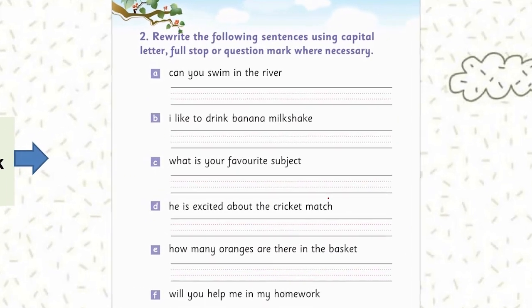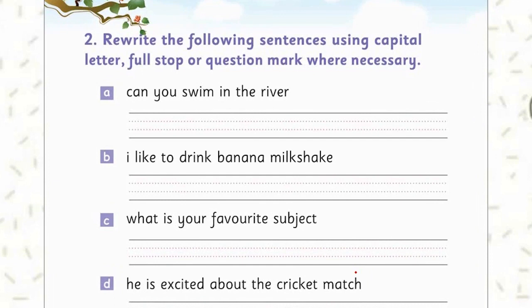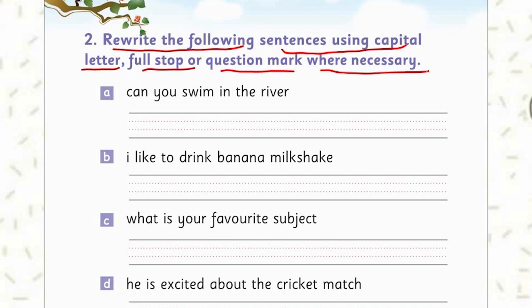On page number 22 of your textbook, we have an exercise here. Rewrite the following sentences using capital letter, full stops or question mark where necessary. We have discussed the concepts of full stop, capital letters and question mark. So you have to punctuate it. The first one here, can you swim in the river?